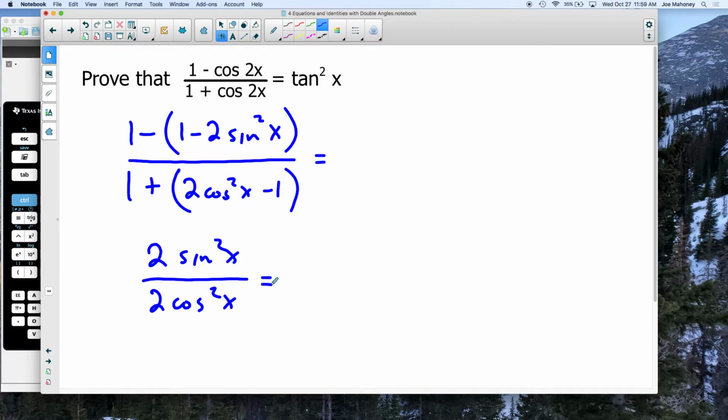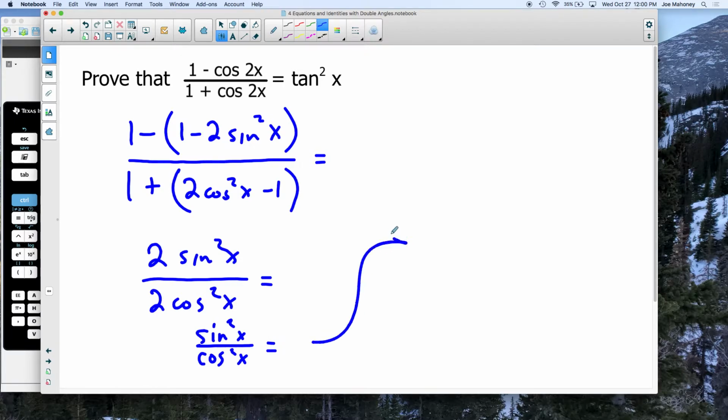And that's pretty nice because after the 2's cancel, I'm left with sine squared x over cos squared x. Boy, that's ugly. I could just write it a little bit neater. Sine squared x over cos squared x.